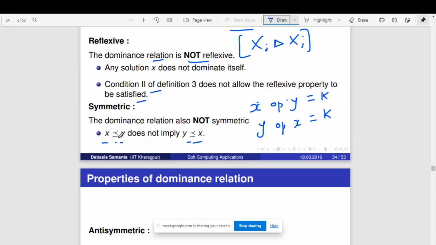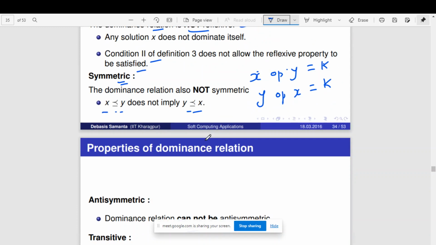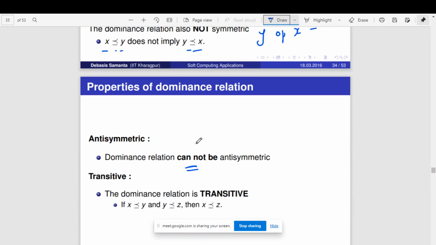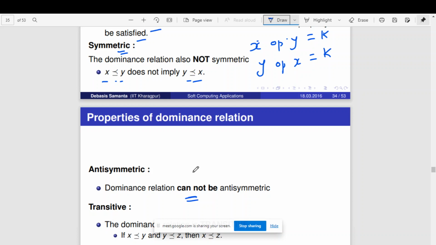Symmetric relation says that, and we say it is not symmetric because x less than or equal to y does not mean that y is less than or equal to x. They cannot be antisymmetric either. Right? So what does it mean if x is less than or equal to y? That doesn't mean that y is greater than or equal to x always.